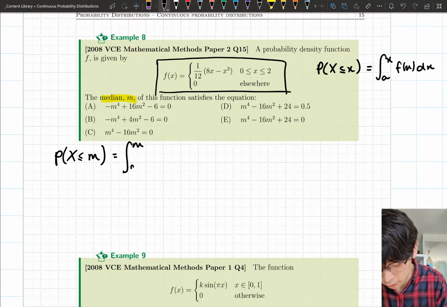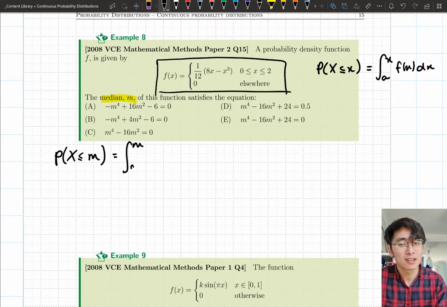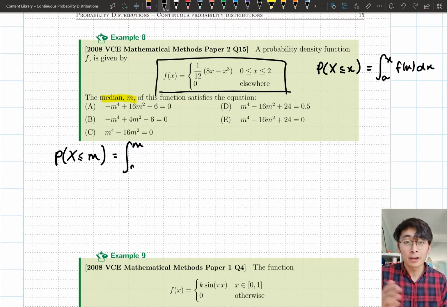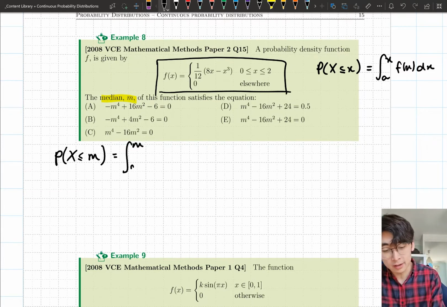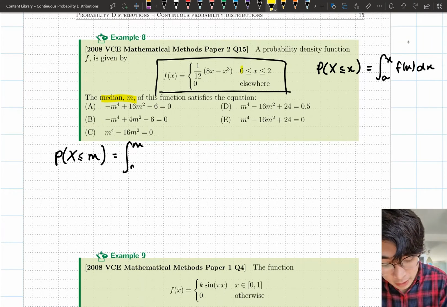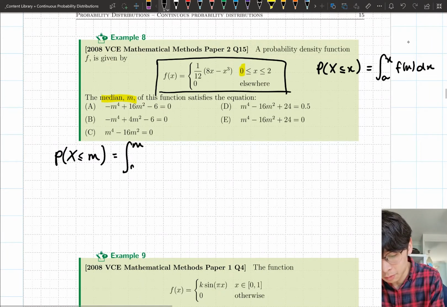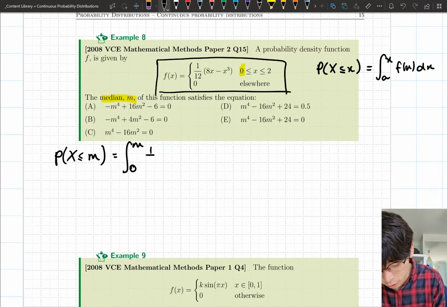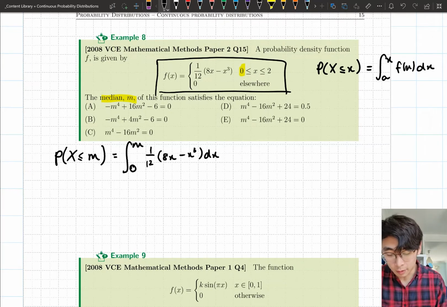Now m is at the top here, but we want to find the value of a. A is the lower boundary of my scores, and so in my probability density function, it is just 0. So here I'm going to put from 0 to m of 1 over 12 (8x minus x cubed) dx. Let's just evaluate this to help us out in the next step.